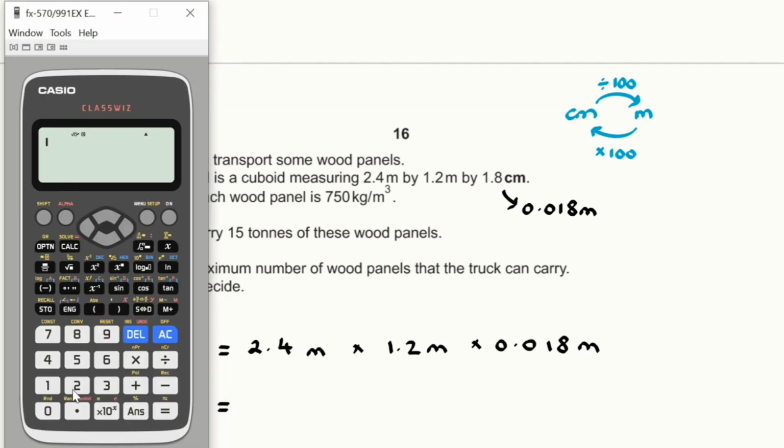So if I work this out, I get 0.05184 meters cubed.